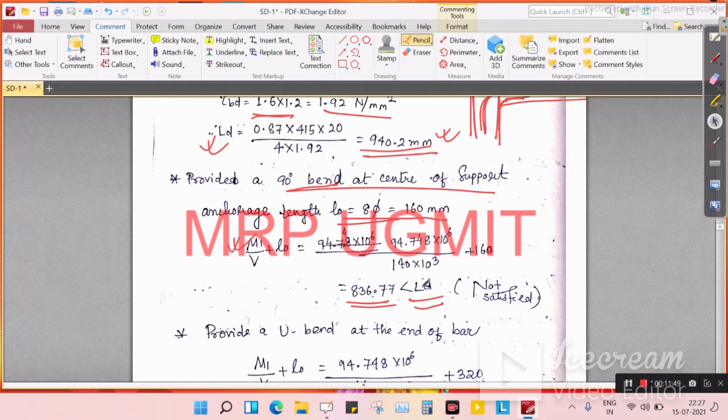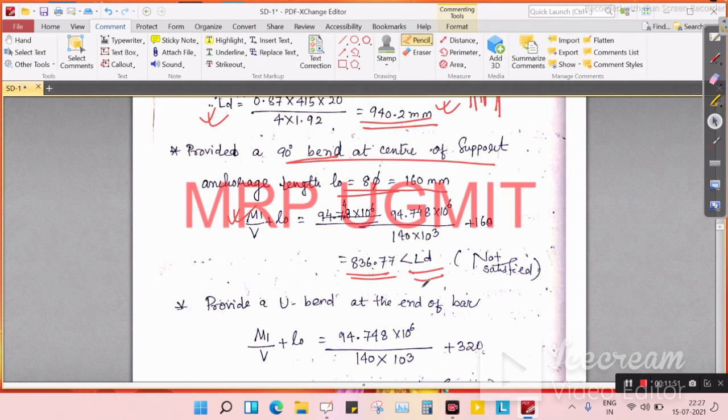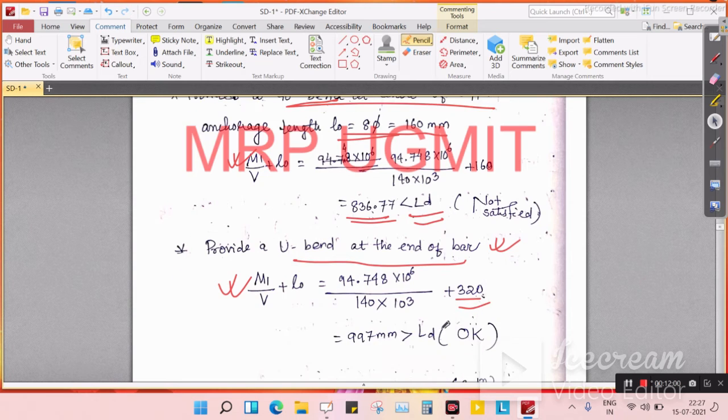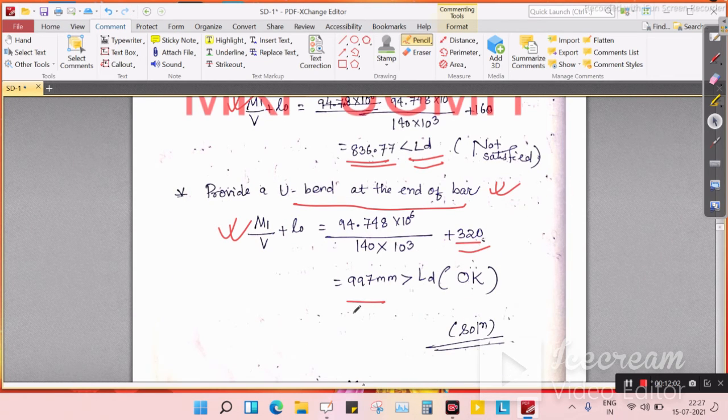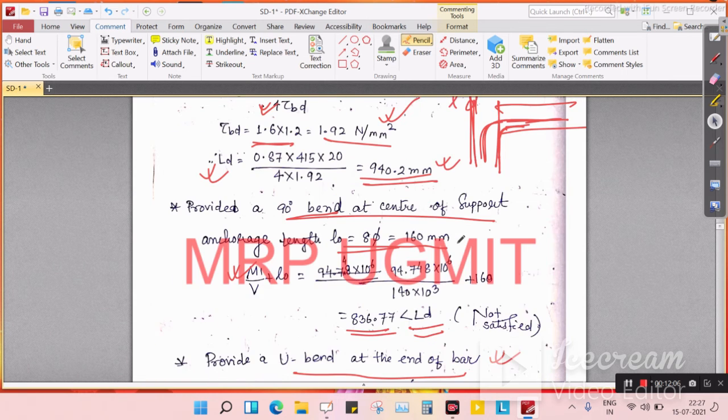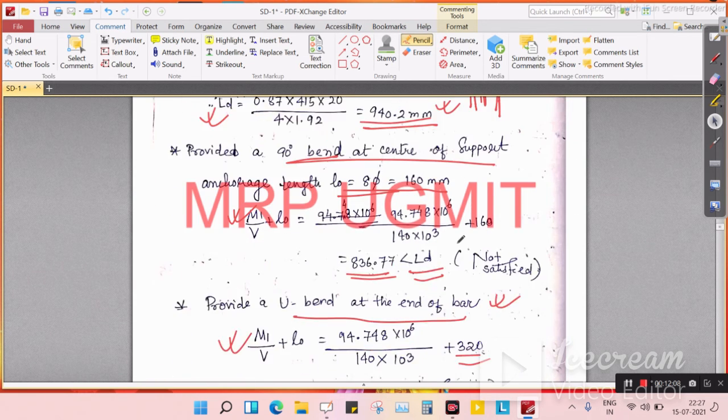So provide a U bend at the end of the bar. When we provide U bend, M1 by V plus L0 becomes 997, that is greater than LD, as our LD value is 940.2.